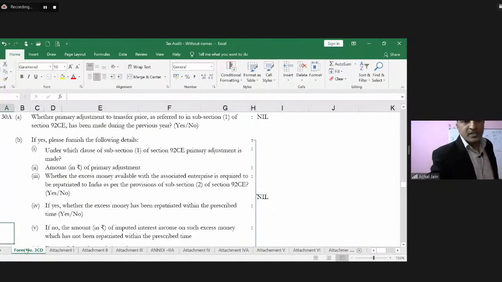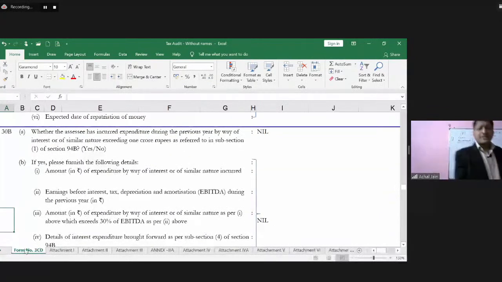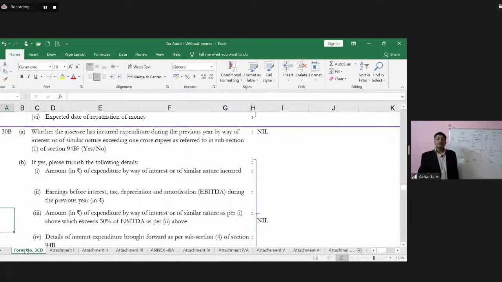Moving further on to this, whether the assessee has incurred any expenditure during the previous year by way of interest or similar nature exceeding 1 crore rupees as referred to in section number 94B.